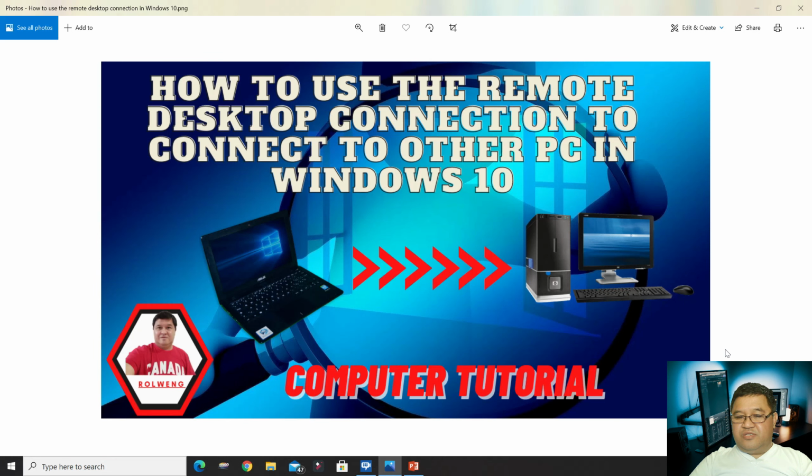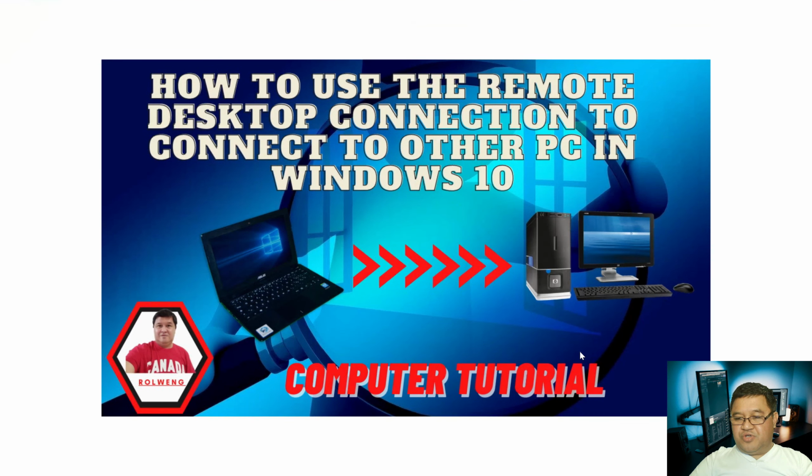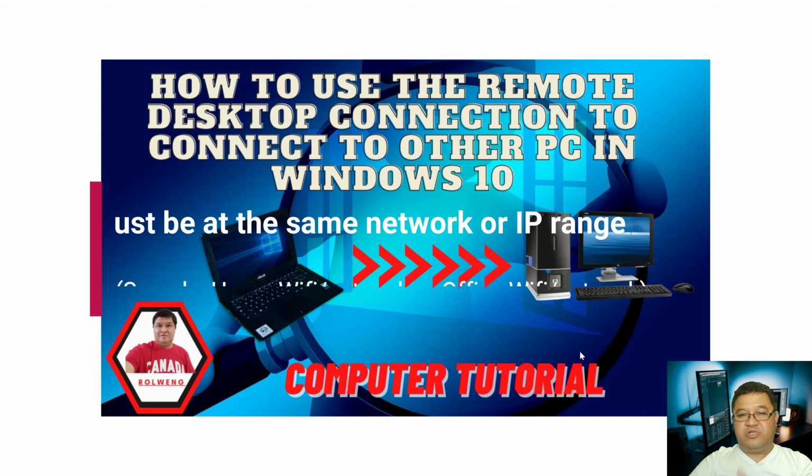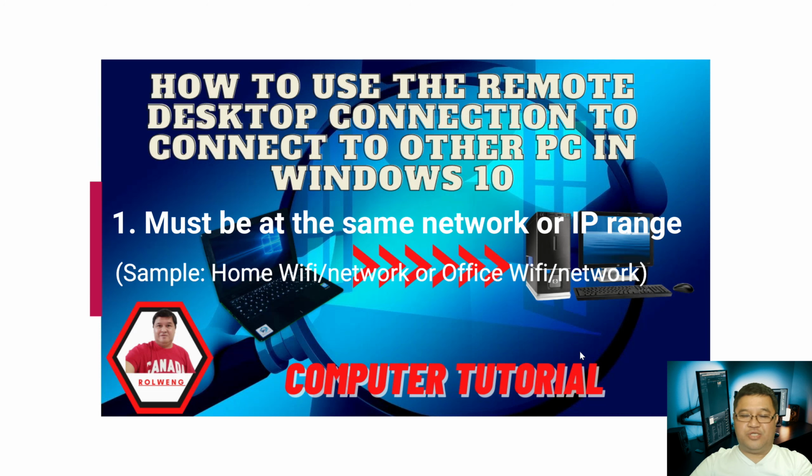Again, so that's it, our tutorial on how to use the remote desktop connection to connect to other PC in Windows 10. So remember, there are two requirements that you need to know in order to use this facility of remote desktop connection. First is that you must be within the network or within IP range.